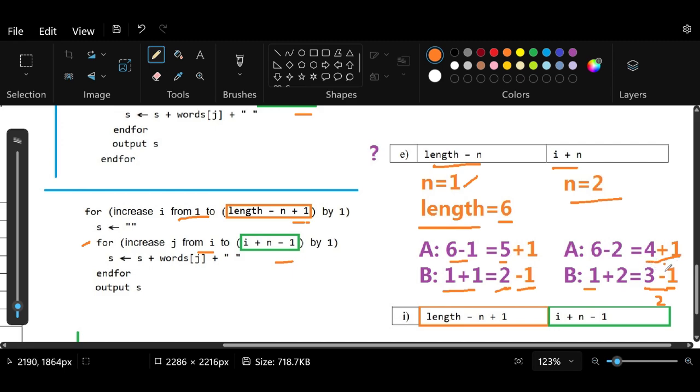So that's why we need to add +1, because if we can reach 5 and we're doing bigrams, which means we need 2 words, then 5 and 6, those 2 words would be the last words that we'll get. And in that sense, the correct answer would need the +1 and the -1, and that is letter I.